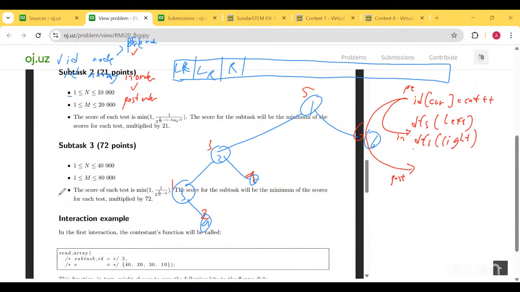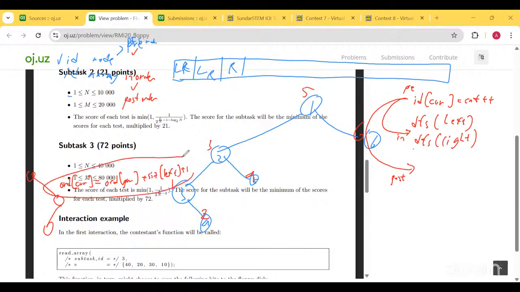If you find the in-order using size, I think like this. The order of the current is equal to the order of the parent plus the size of the left child plus 1.